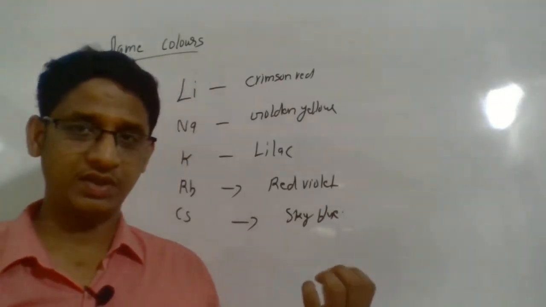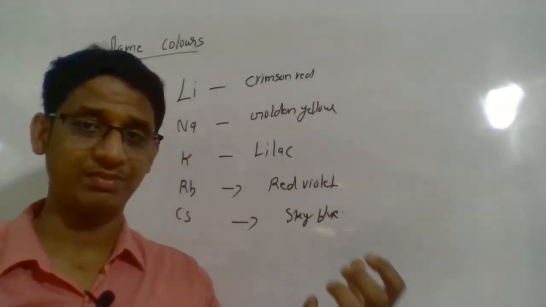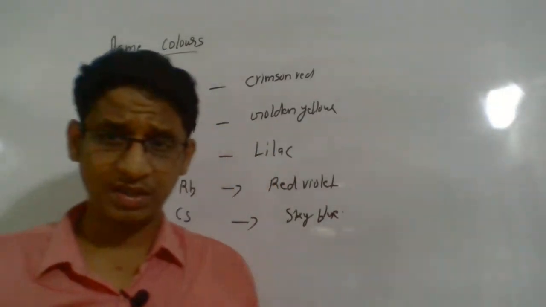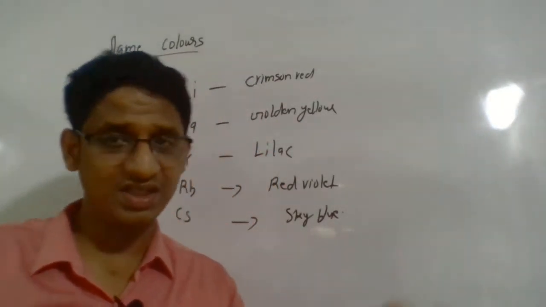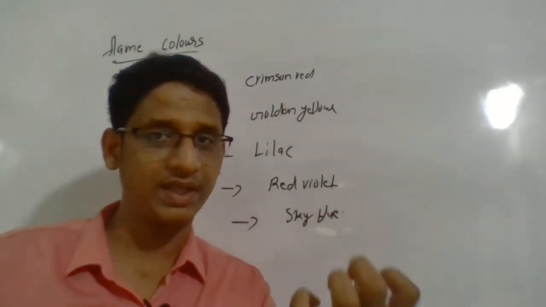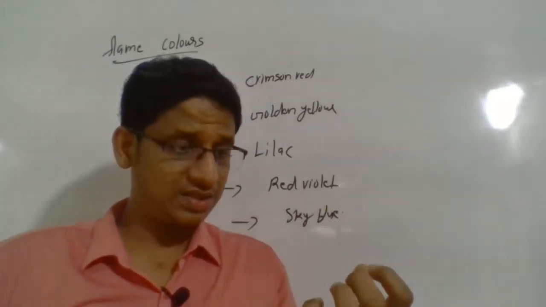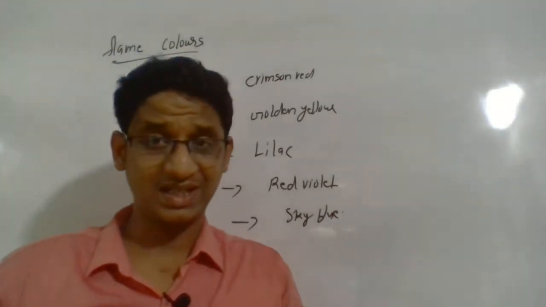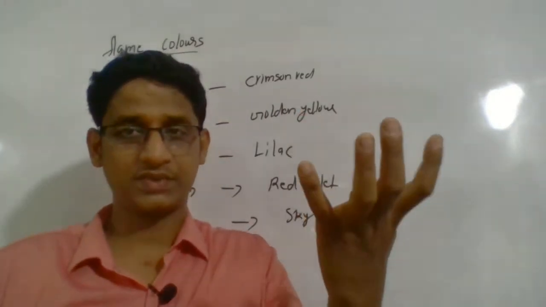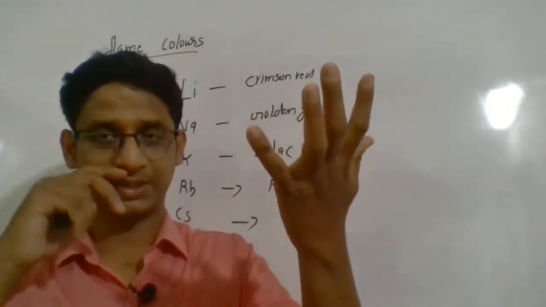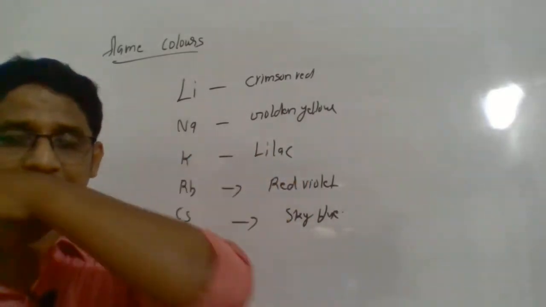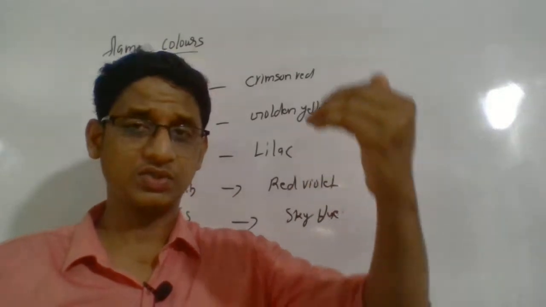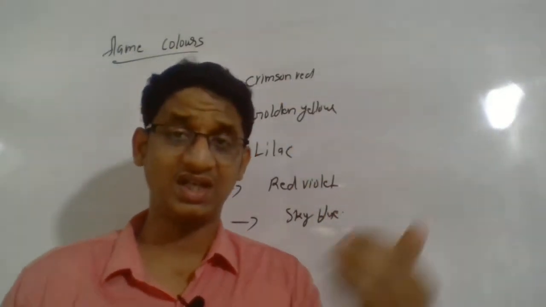Now when you heat the metal salt in the flame, what's the chemistry? Heat is a form of energy. So the metal atoms present inside the salt get excited. The electrons get excited to a higher energy state. The higher excited state is an unstable state, so the electron will come back into a lower energy state with the release of energy.